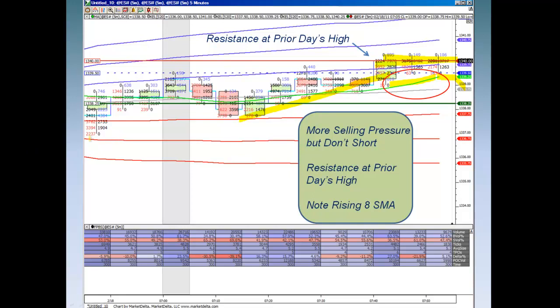We seem to be building higher lows and higher highs as we progress. So even though I'm encountering some resistance here, I definitely would not be taking any shorts. We have some resistance at the day's high, and again, keep an eye on that simple moving average.